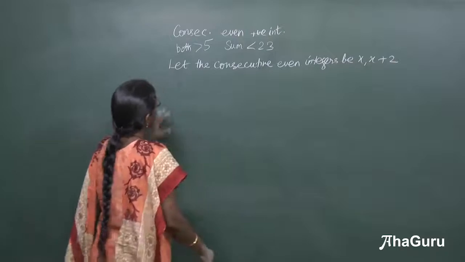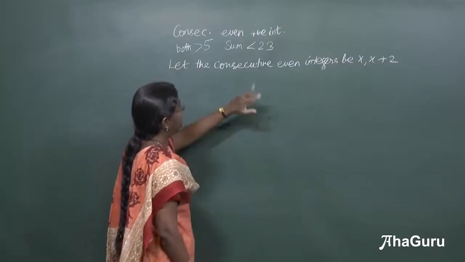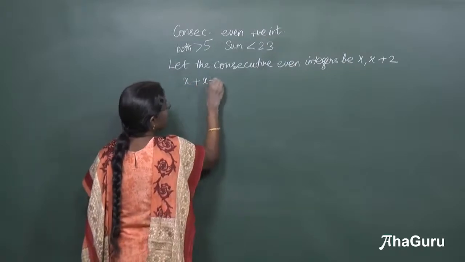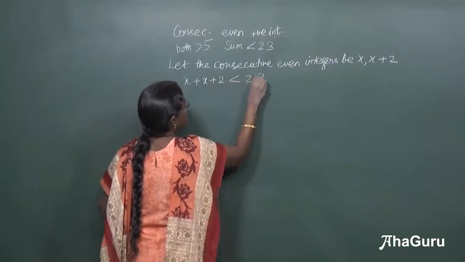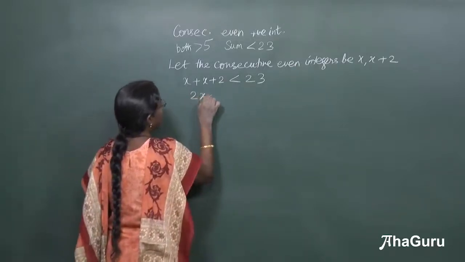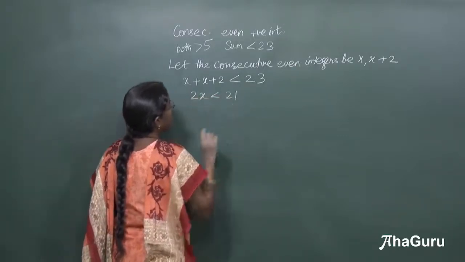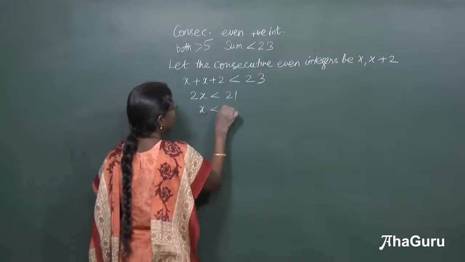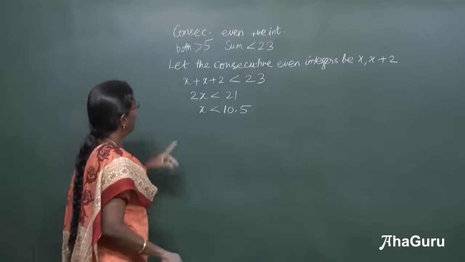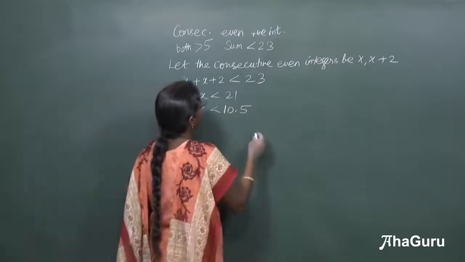We are given both are greater than 5, we will get back to it. The sum is less than 23, that is x plus x plus 2 is less than 23. So what do we get? 2x is less than 21, or x is less than 10.5, correct? And both are greater than 5.